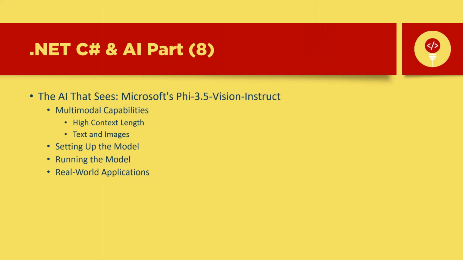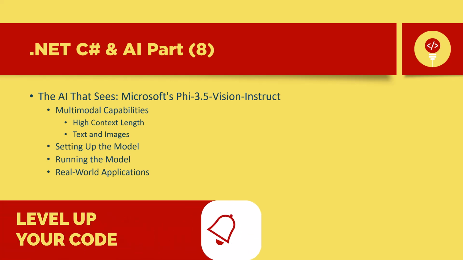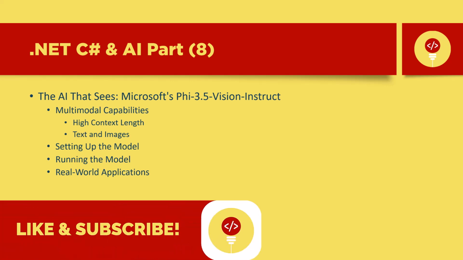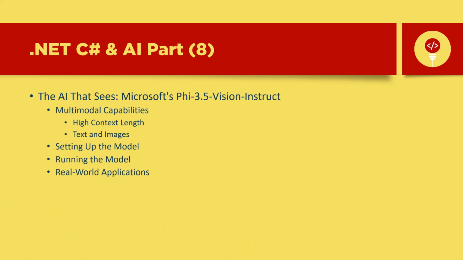And there you have it, a quick and effective way to automate the extraction of data from receipts using the Microsoft Phi-3.5-Vision-Instruct with just a simple prompt, with the ability to fill out an expense report. The model's ability to handle both text and images makes it an incredibly versatile tool. Whether you need to refine your query or extract more details, the Phi-3.5-Vision-Instruct simplifies what could otherwise be a time-consuming task.